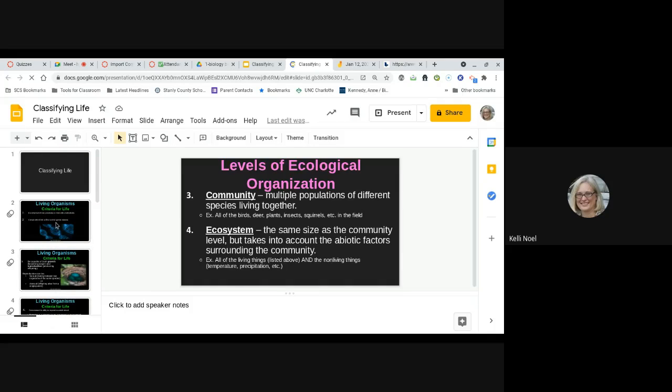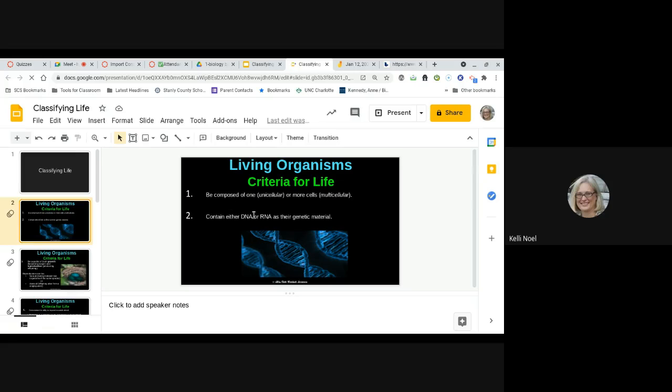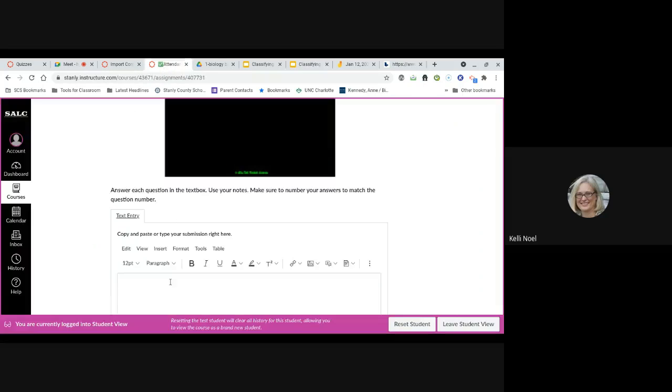So there are 6 criteria for life. One of them is composed of cells, 1 or more cells. So I'm going to flip back and forth here. There are 6 of them, and I'm just going to number them. The first one is to contain 1 or more cells.